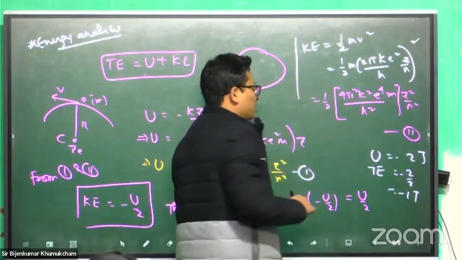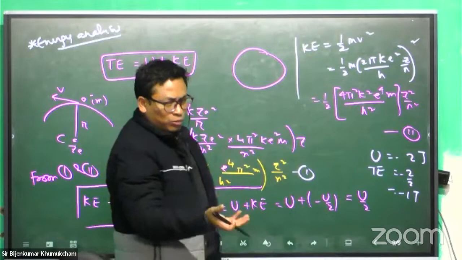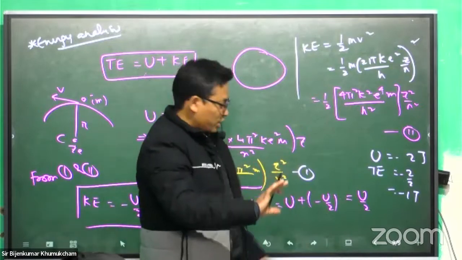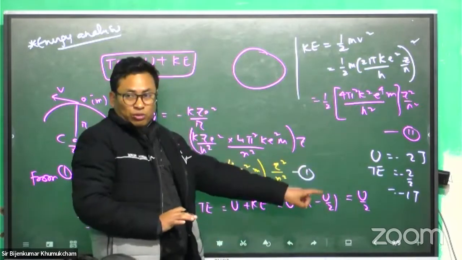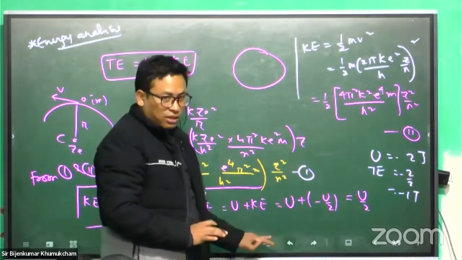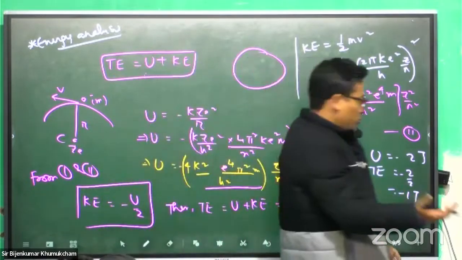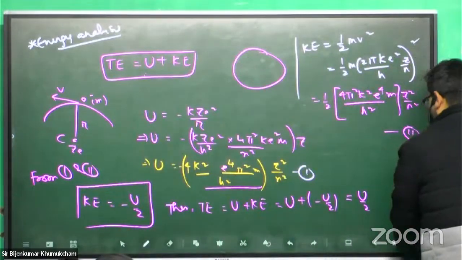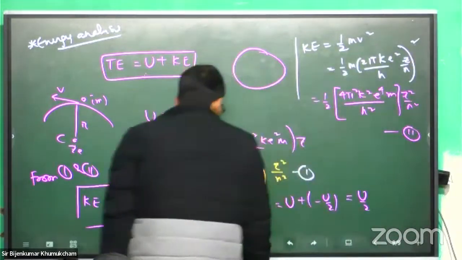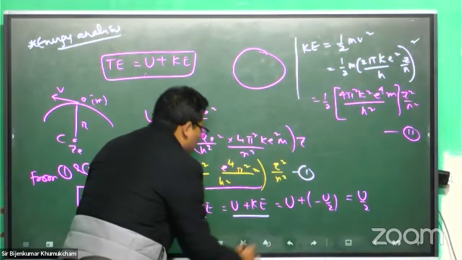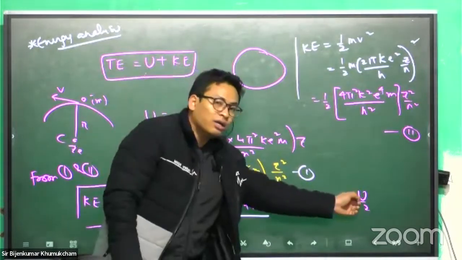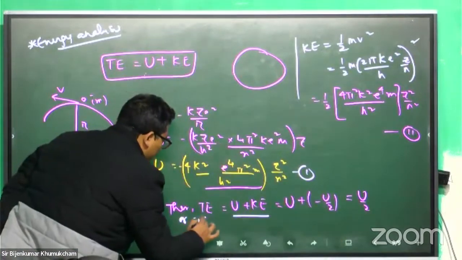Now tell me which one is larger. Even though it seems that the potential is larger, total energy should be larger. So total energy can be written as potential plus kinetic energy, or U by 2.